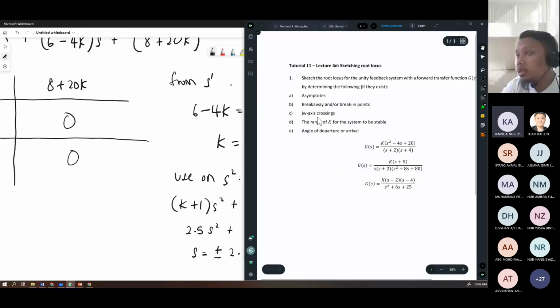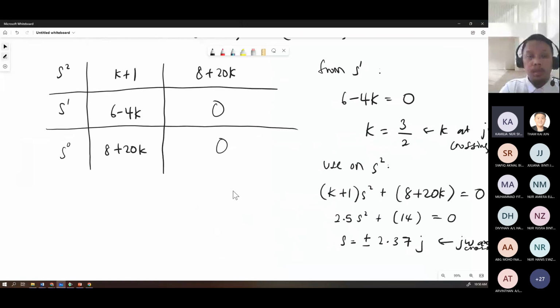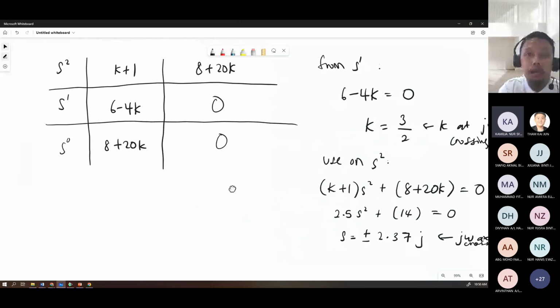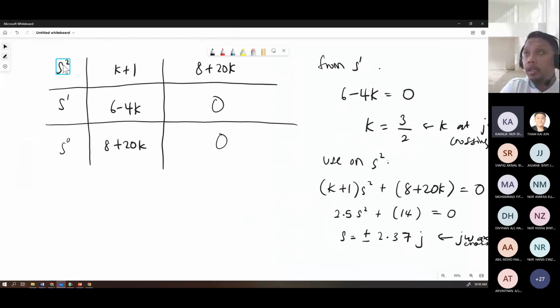Question C. Now we need to answer question D, the range of K for a stable system. Okay, so to find that, we use what we have learned from our Routh-Hurwitz criteria lecture. So we take the first column. In the first column, you make sure that there is no sign changes. If there is sign changes, then the system is not stable.